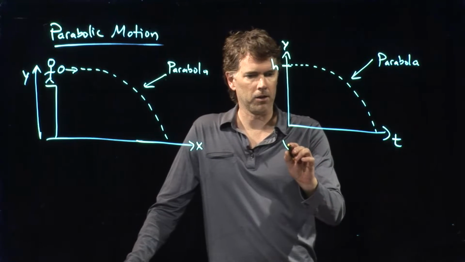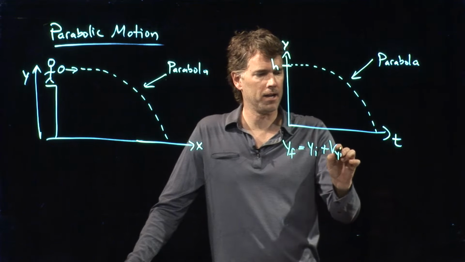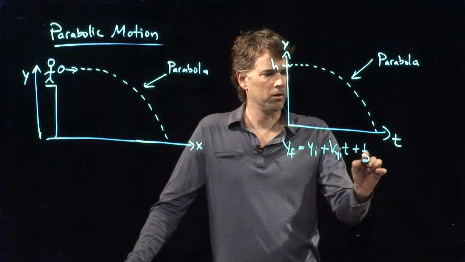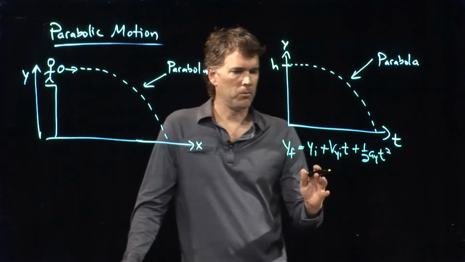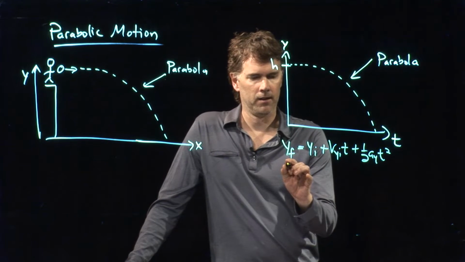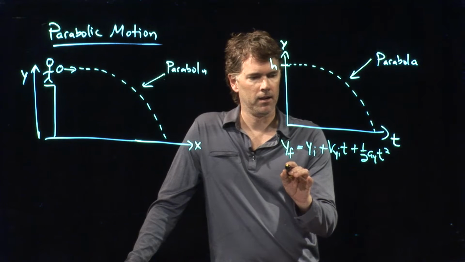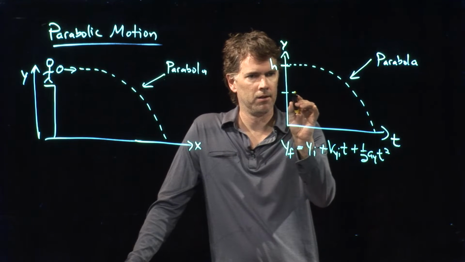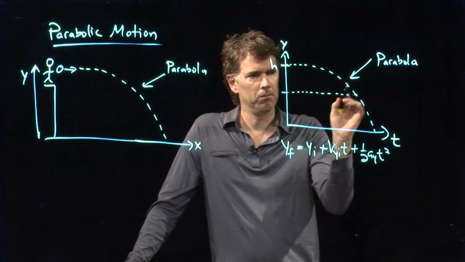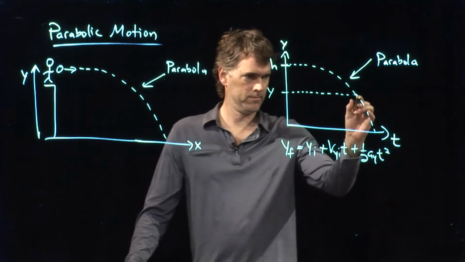Let's solve that kinematic equation. yf equals yi plus vy initial times t plus 1/2 ay t squared. Let h be the height that it starts at, and let y final be any position we want, and we'll just call it y.